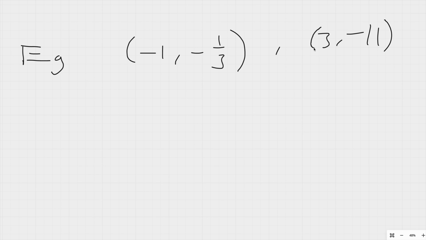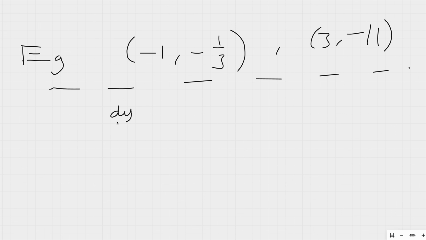For example, imagine you have the stationary points of a curve as minus 1, minus a third, and 3, minus 11. And what is your equation, you might say? Well, I'll get to that. Calm down.